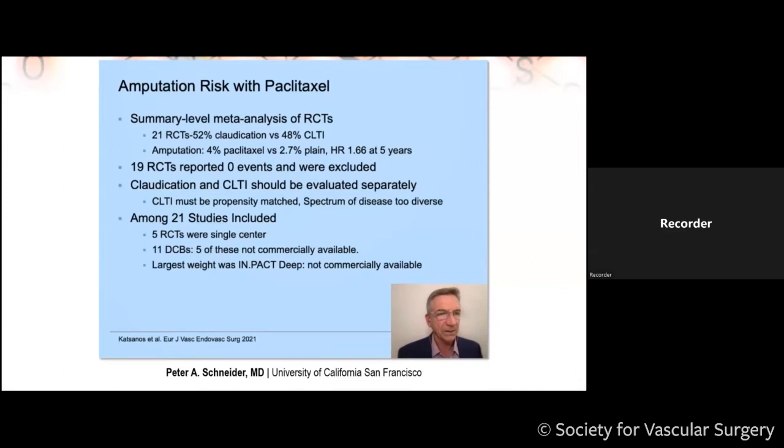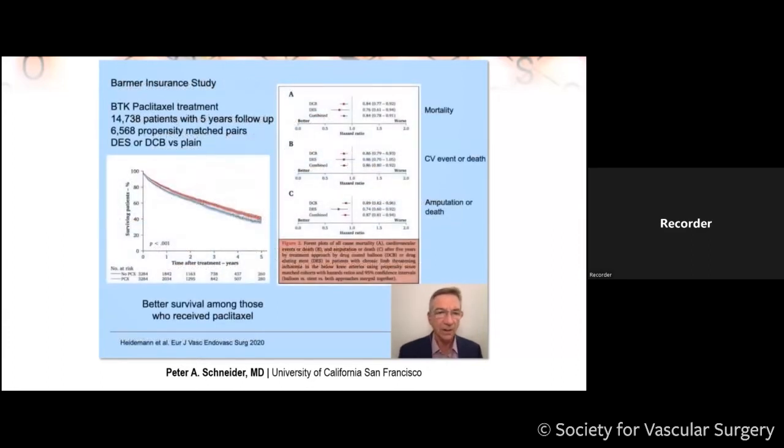Now, of note, 19 RCTs that had no amputation events were excluded. CLTI and claudication were lumped together, making it a little bit difficult to know what this means for CLTI patients. And in addition, many of the devices in the study are not commercially available. The largest weight in the study was Impact Deep, which of course is not a commercially available device.